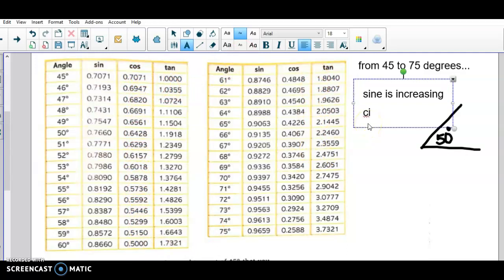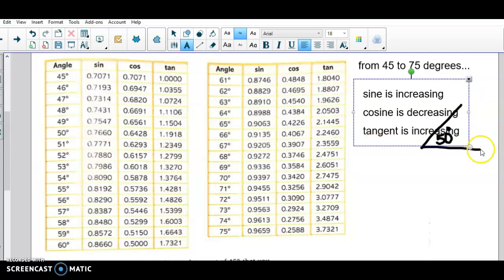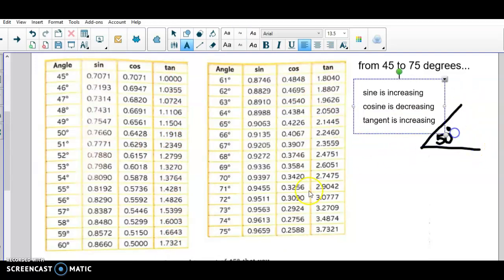Our cosine is decreasing. And this is going to be important when we talk about the graphs of these functions. So tangent, look, our tangent is increasing. That's kind of the pattern of this table right here. We're going to talk about actually using this table in a little bit in the next little lesson.